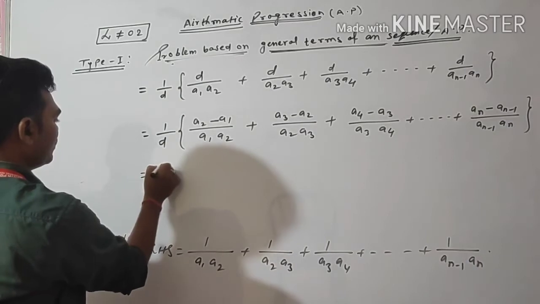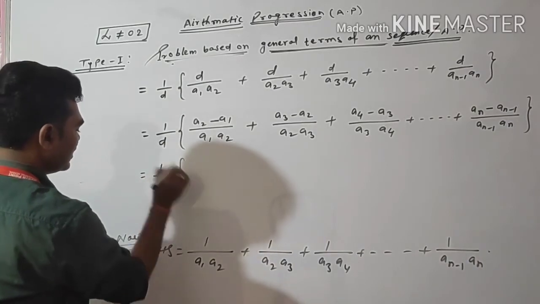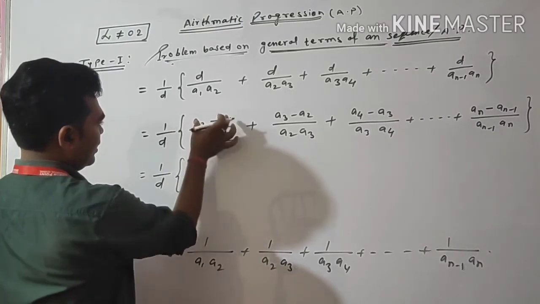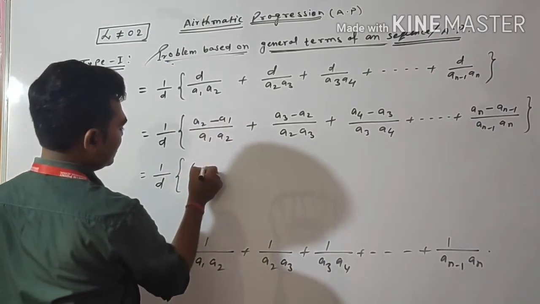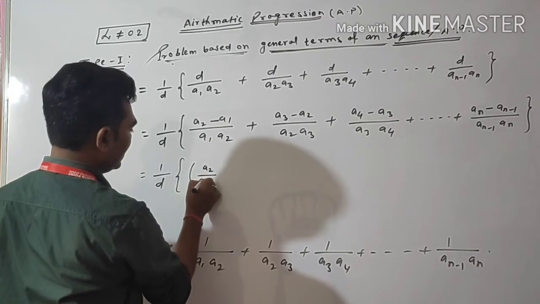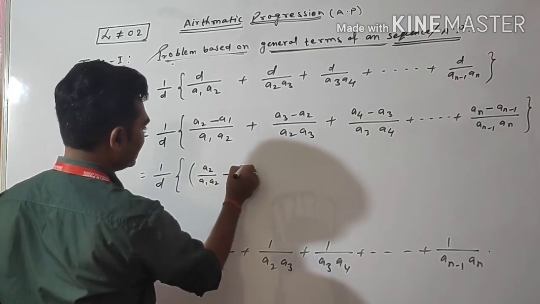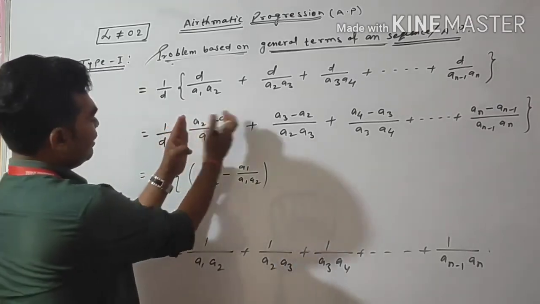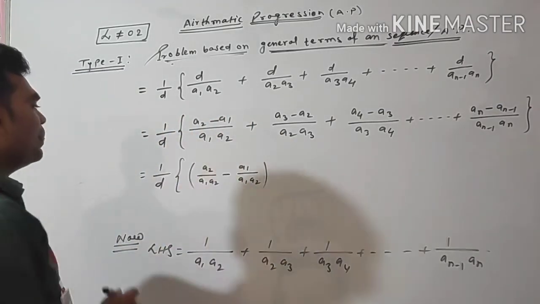Now next step, 1 by D into A2 by A1 A2 minus A1 by A1 A2. Got it? We separate this term. Okay.